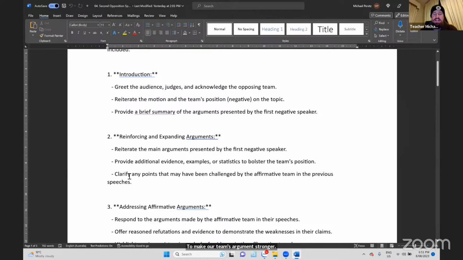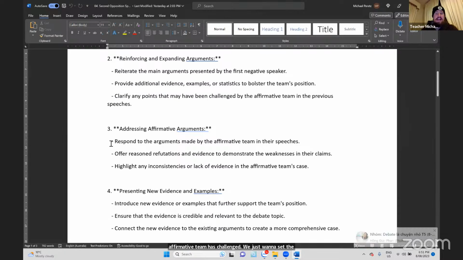And we want to clear up any misunderstanding about any of the points that have been made, and anything that the affirmative team has challenged, we just want to set the facts right. Then we want to go on and address the affirmative team's argument.